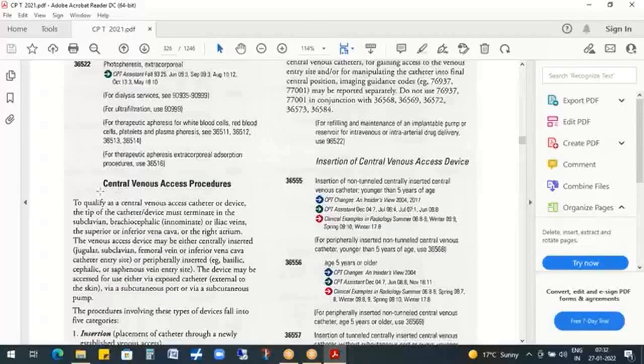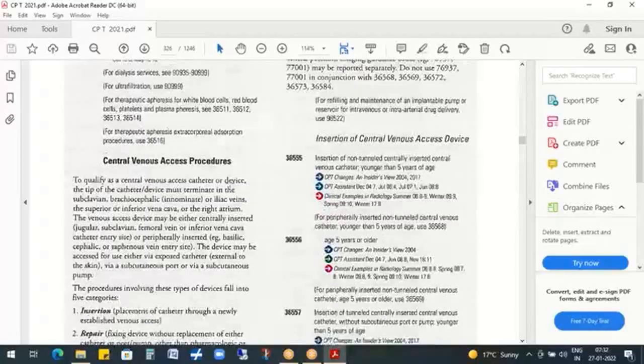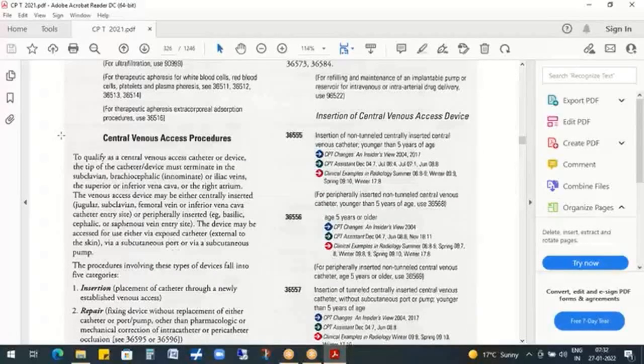Now, can everyone see the paragraph on central venous access procedures? If you want, you can underline the first paragraph.